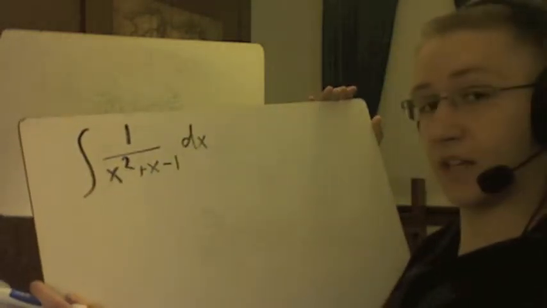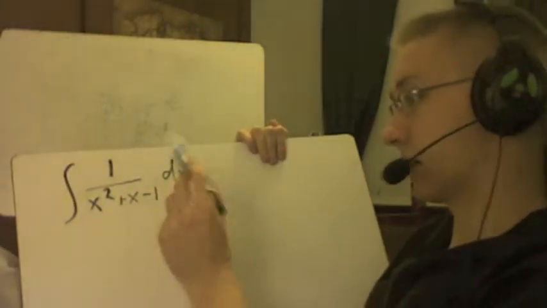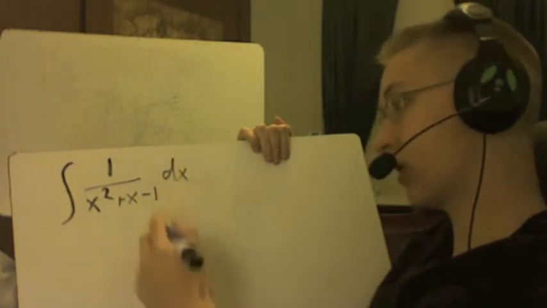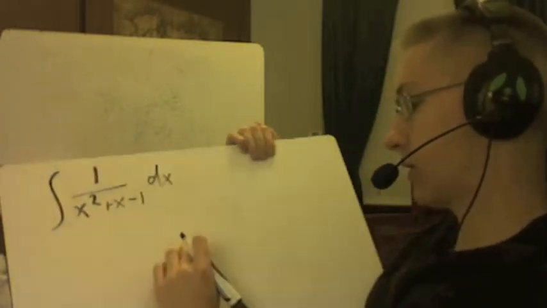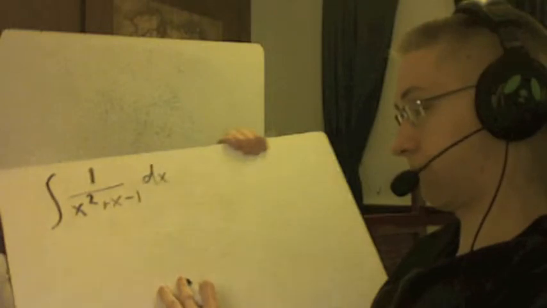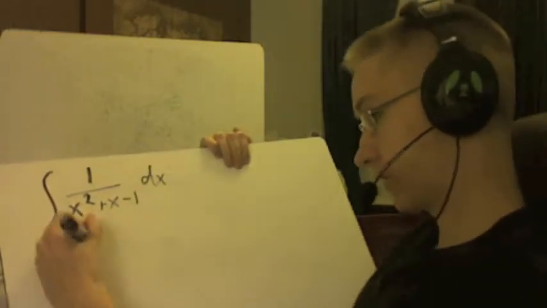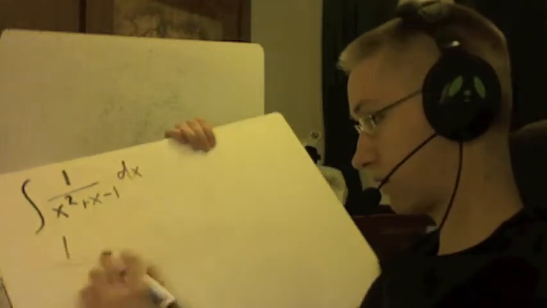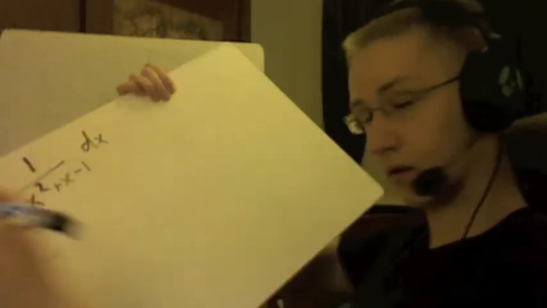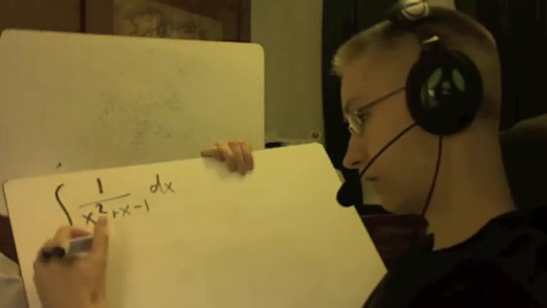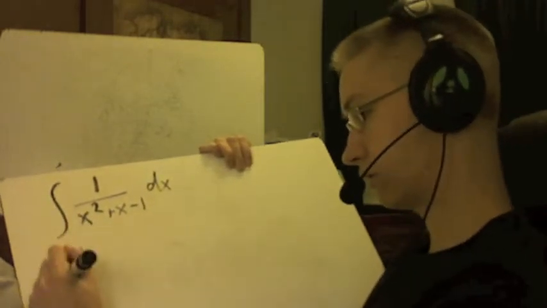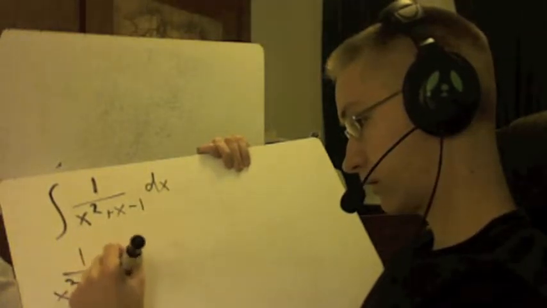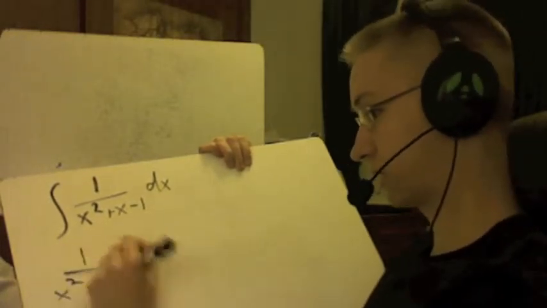Right. The idea behind partial fractions is that you can break this up into smaller fractions that can be integrated on their own. So first thing you gotta do is factor the denominator of the original into something, well, as much as it can be factored.